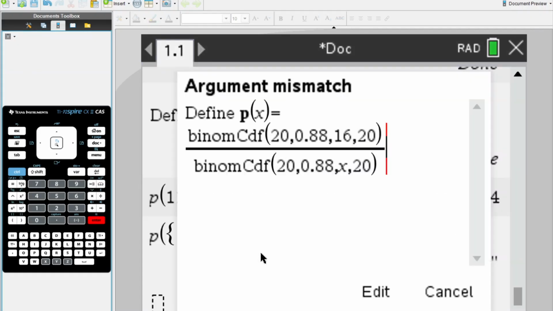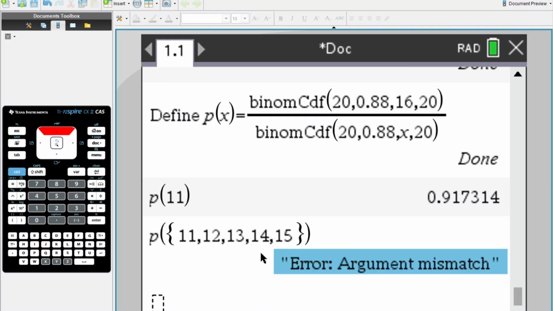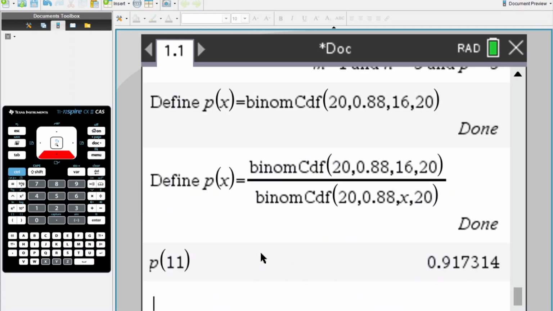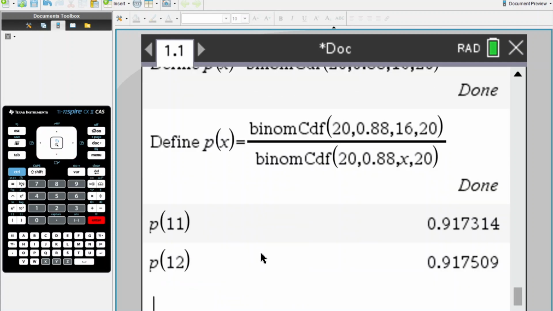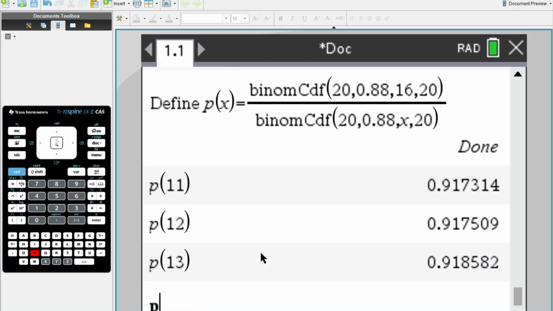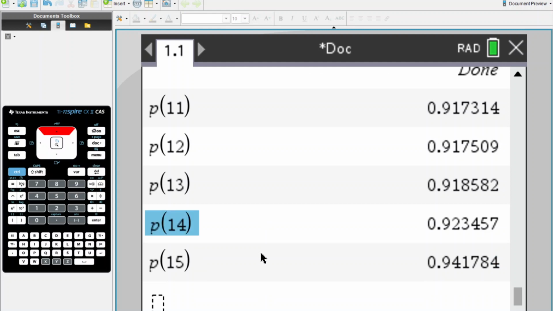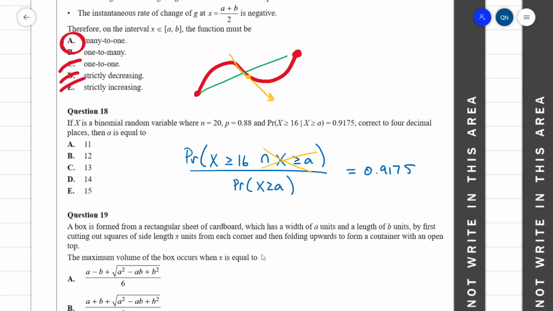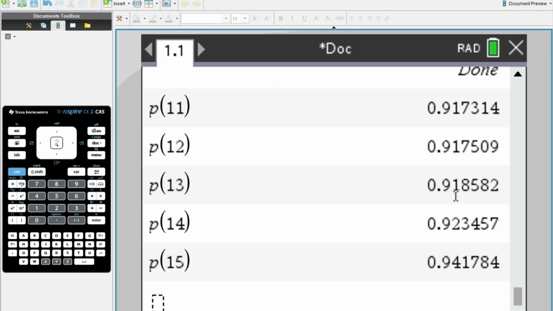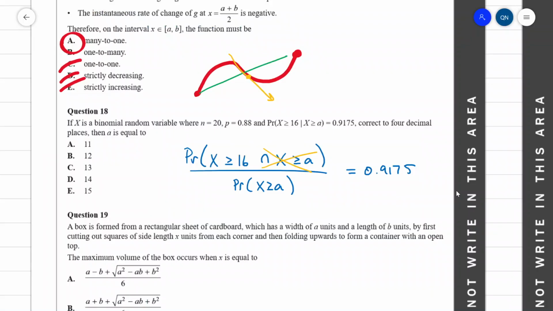Argument mismatch, because maybe binomial can't handle that, unfortunately. So never mind, we'll do p of 12, p of 13, p of 14, and p of 15, and let's see which ones match up. We wanted 0.9175, and it looks like it's going to be 12, that's the closest one. So let's take 12.